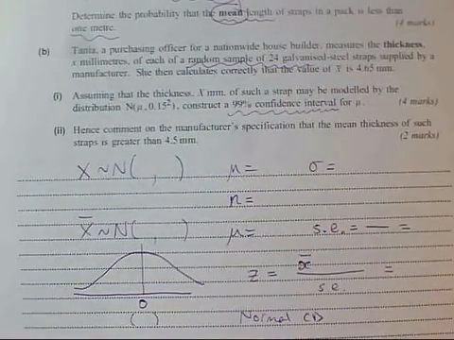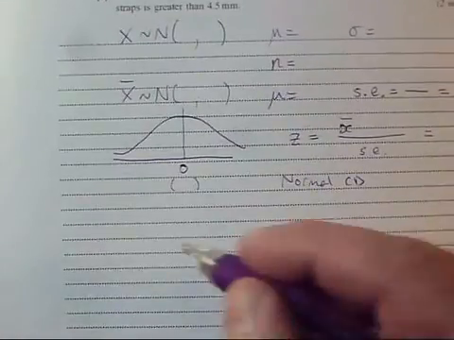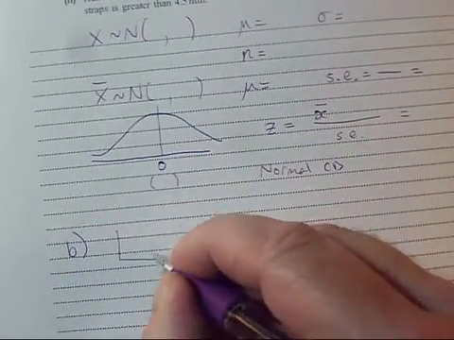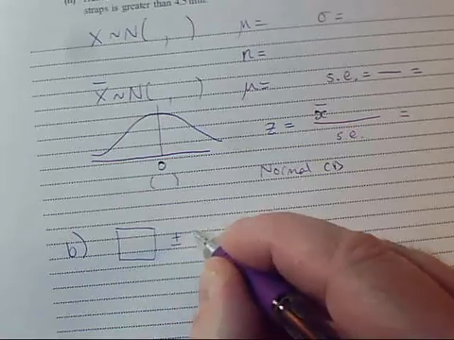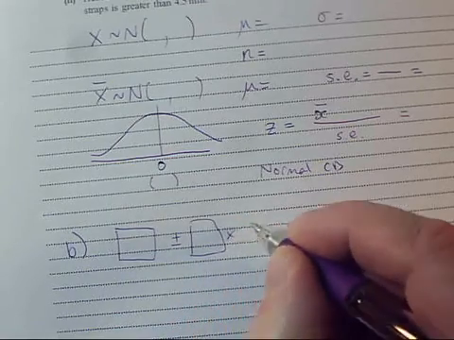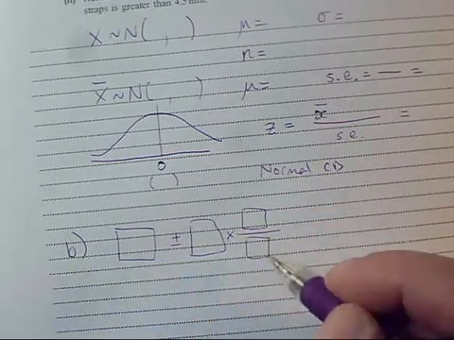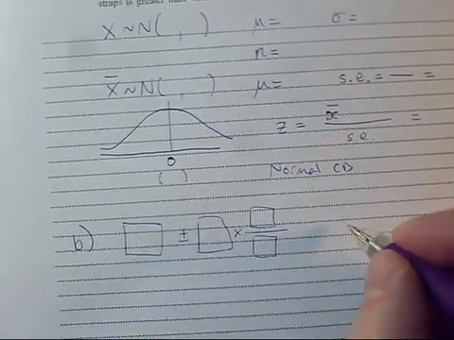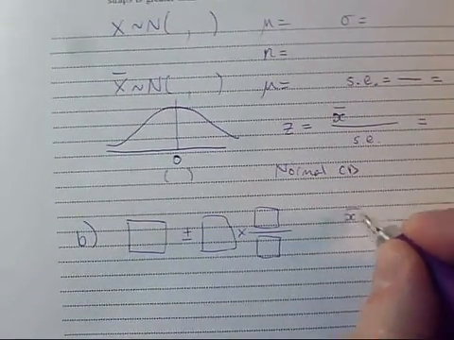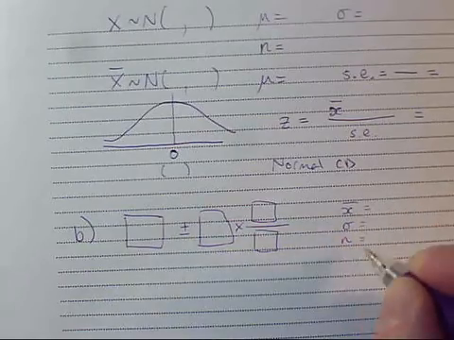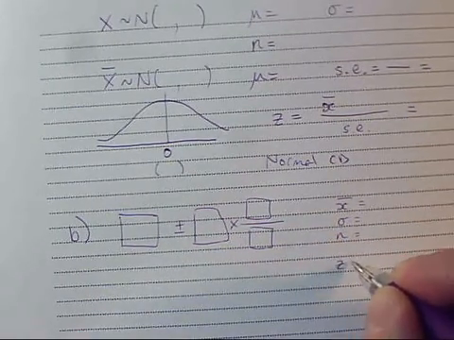So as soon as we see that we're working out a confidence interval, we know in part B we're going to be using the confidence interval, which is something plus or minus something times the standard error, which is something over root something. So you quote that formula, and the things that you need to slot into that formula are an x bar and a sigma and an n. And the only one that needs any actual calculation from you is z.